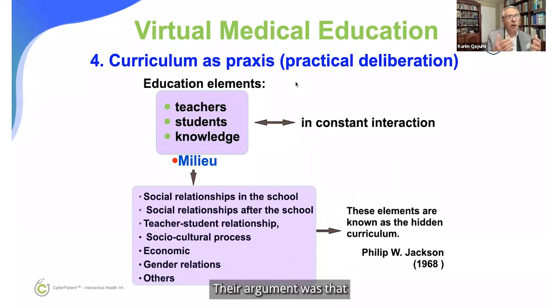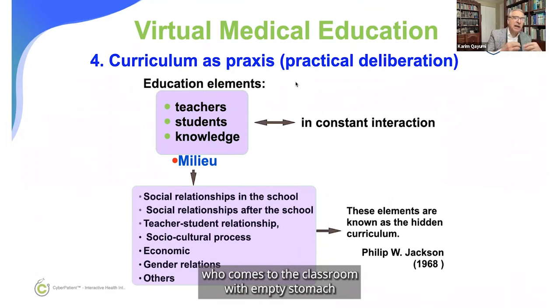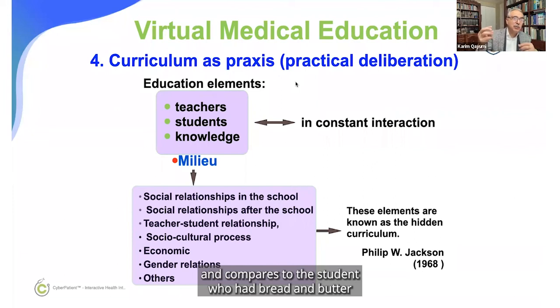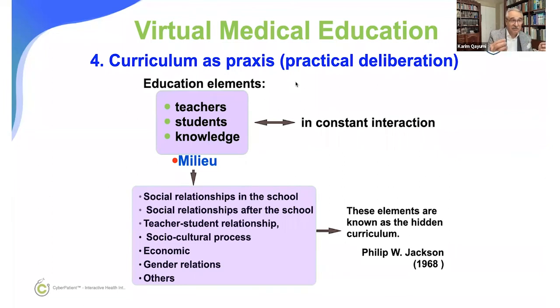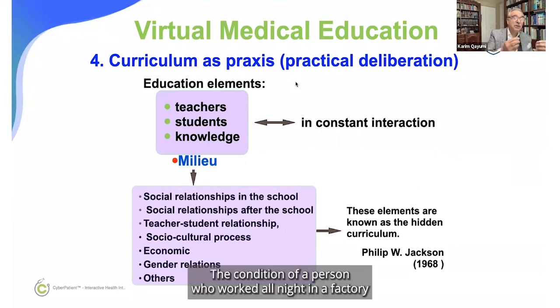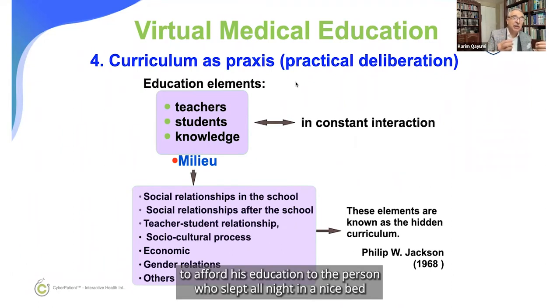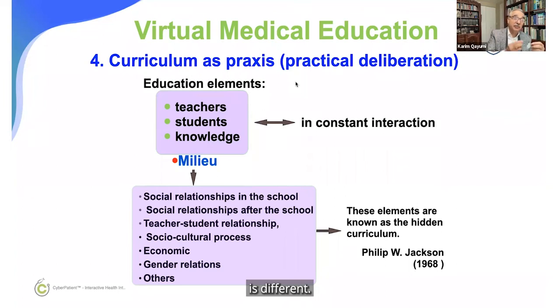Their argument was that the person who comes to the classroom with an empty stomach is different from the student who had bread and butter and milk in the morning before coming to school. The condition of a person who worked all night in a factory to afford his education is different from the person who slept all night in a nice bed.